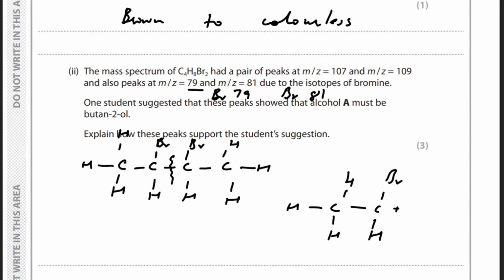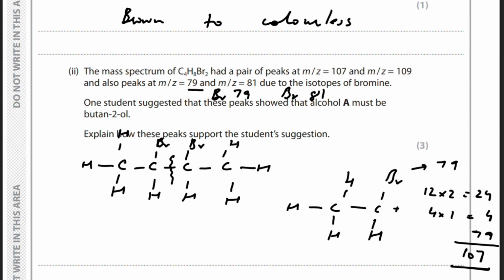If you check the m over z ratio of this fragment, if this is bromine 79, then two carbons, four hydrogens, and one bromine, the sum will be 107.